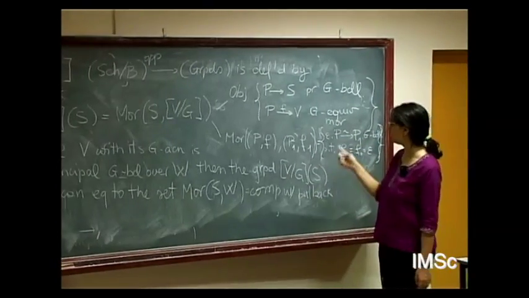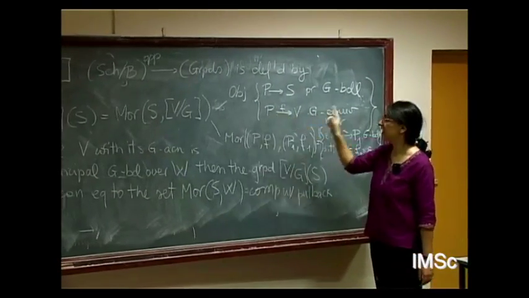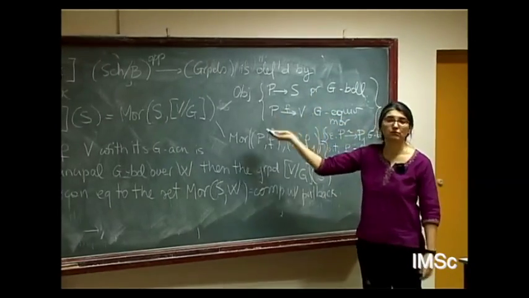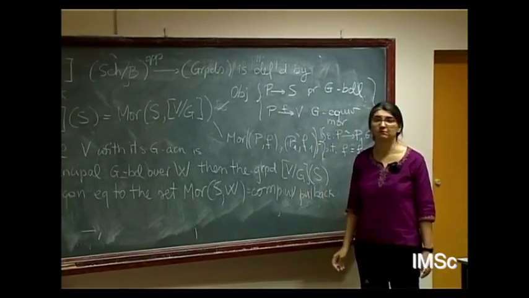The equivalence is given by: you take a map from S to W and you take P to be the pullback of V.